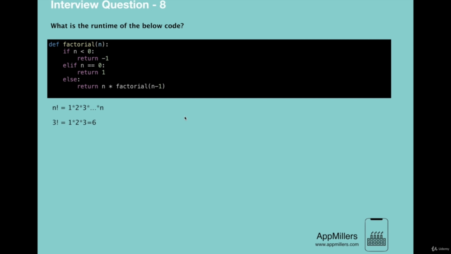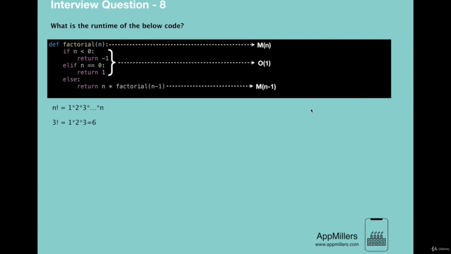So if we look at our function over here, the function takes M(n) time complexity, and the if condition here will take constant time complexity. And if our function takes M(n), the same function with the parameter of n minus 1 will take M(n-1) time complexity.